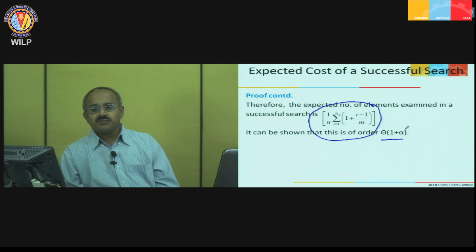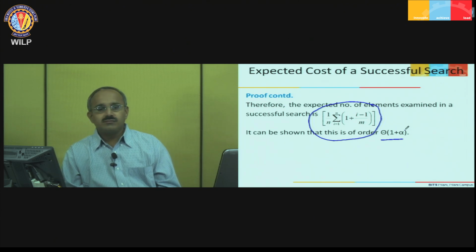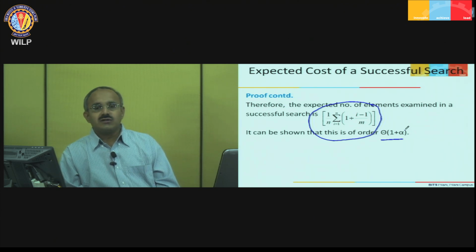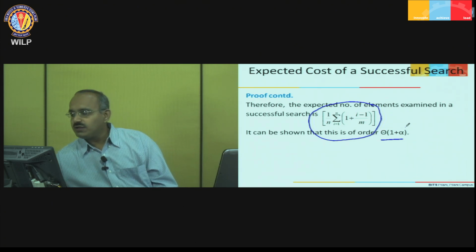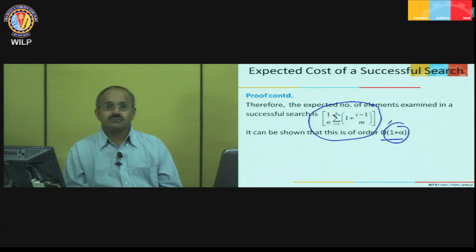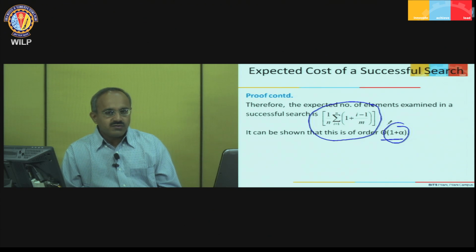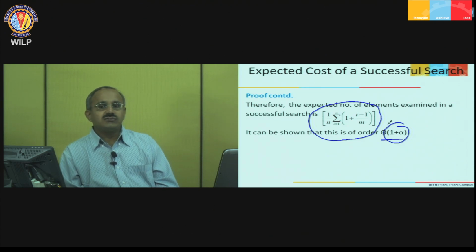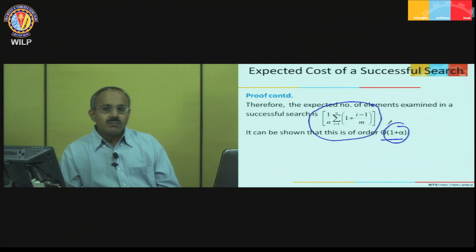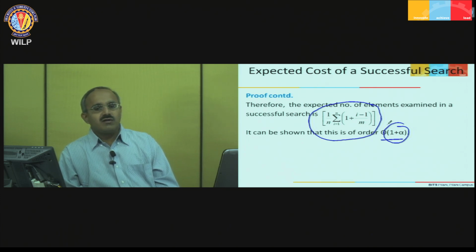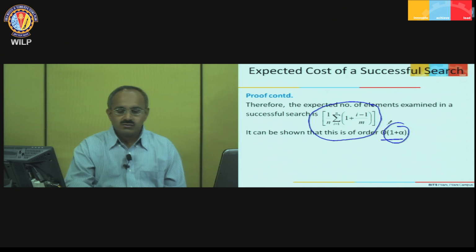The expression which captures the expected number of elements to be examined in a successful search can be simplified using algebra and shown to be of order theta of 1 plus alpha. So, what we have seen is that for both successful and unsuccessful search, the average performance is theta of 1 plus alpha. Alpha is the load factor of your hashing.